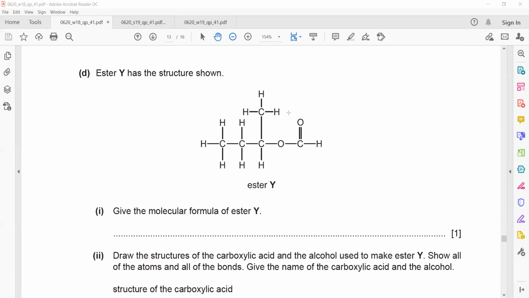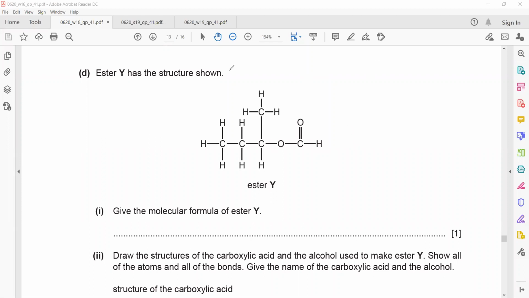If I break one side and put H, that will be the structure of the alcohol. And if I need the carboxylic acid, I will break from the other side and put H here. So it will form the carboxylic acid.